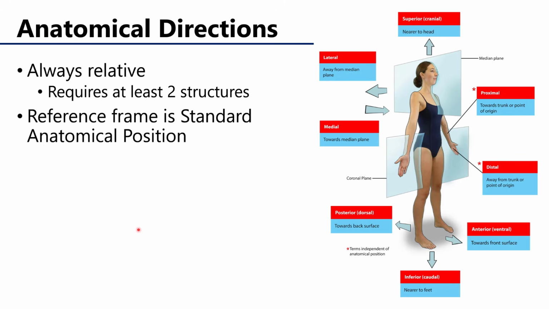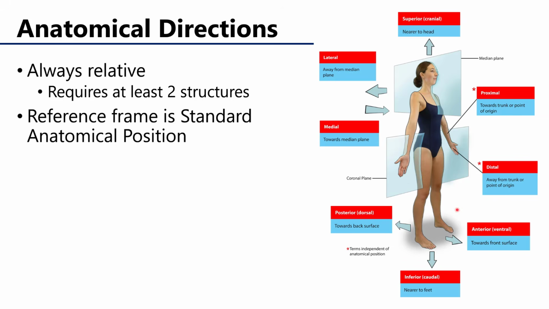So we can pair up these directions into buddy pairs. We can think of superior versus inferior. And we'll discuss these in more detail in the slides to come. We can also have lateral or medial.